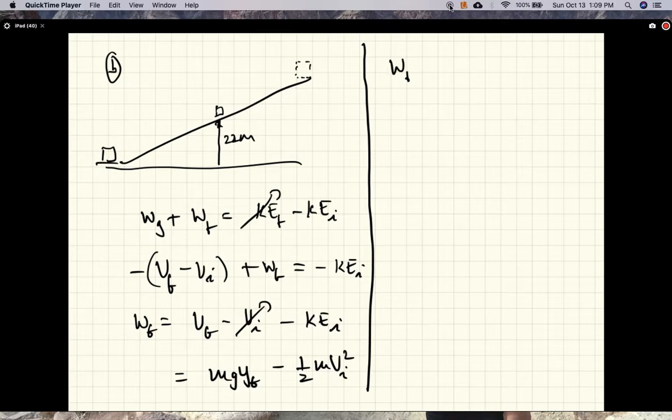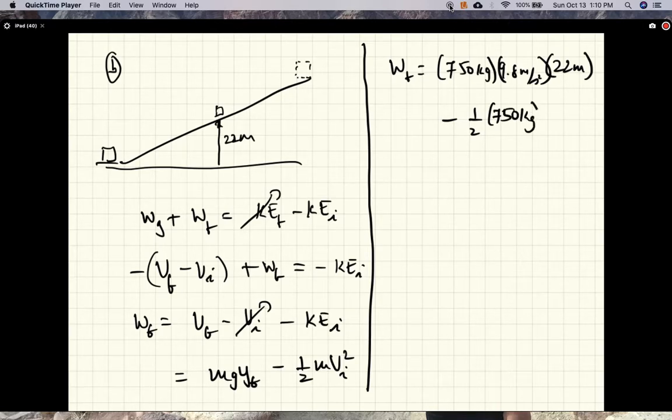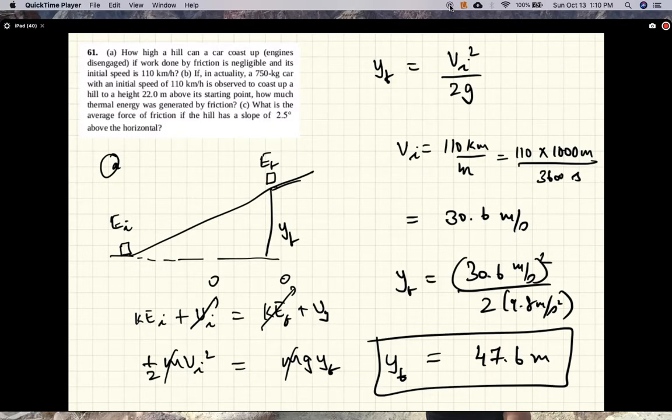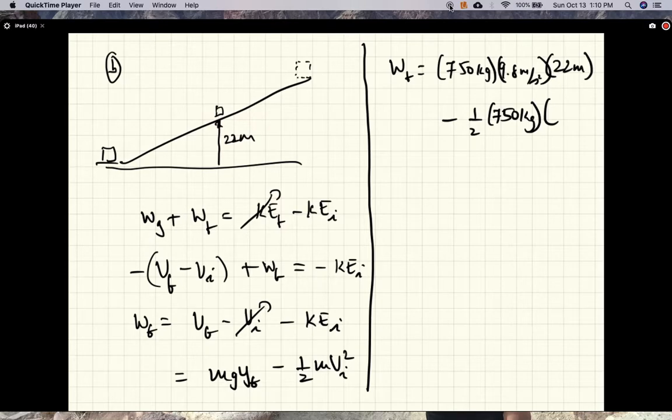So the work done by friction is 750 kg times 9.8 meters per second squared, and remember, it only rose 22 meters, minus 1/2 times 750 kg times the initial speed of 30.6 meters per second squared.